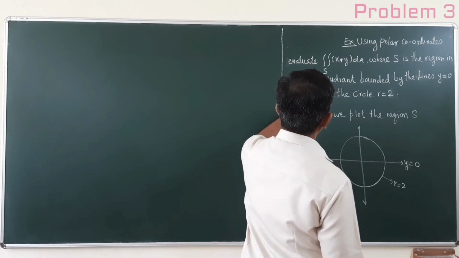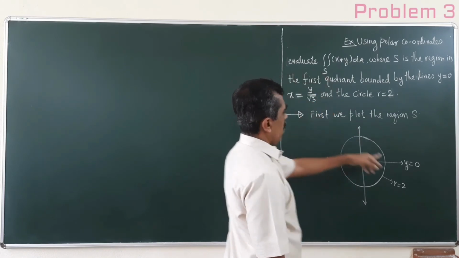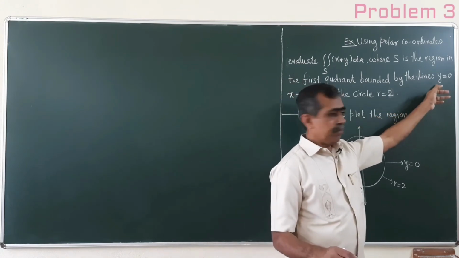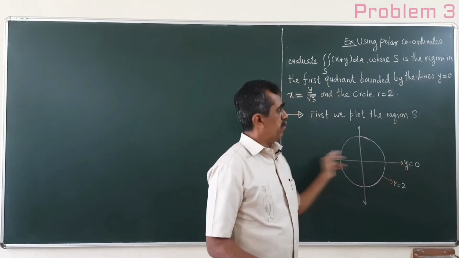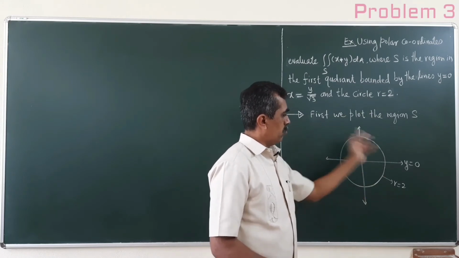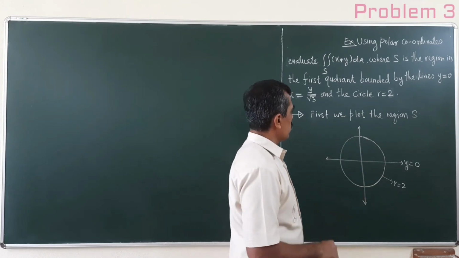Now see this line. I have plotted two things: y is equal to 0, the x-axis, and the circle of radius 2.